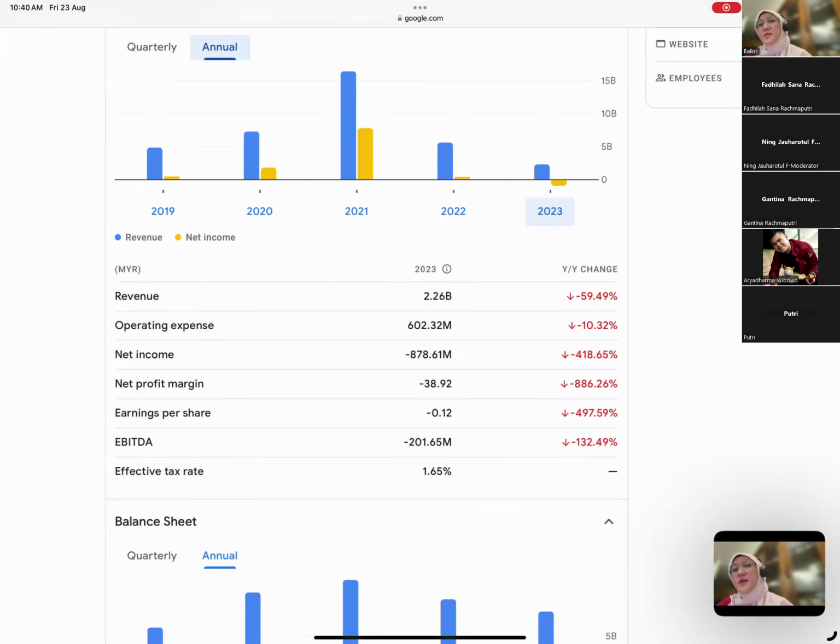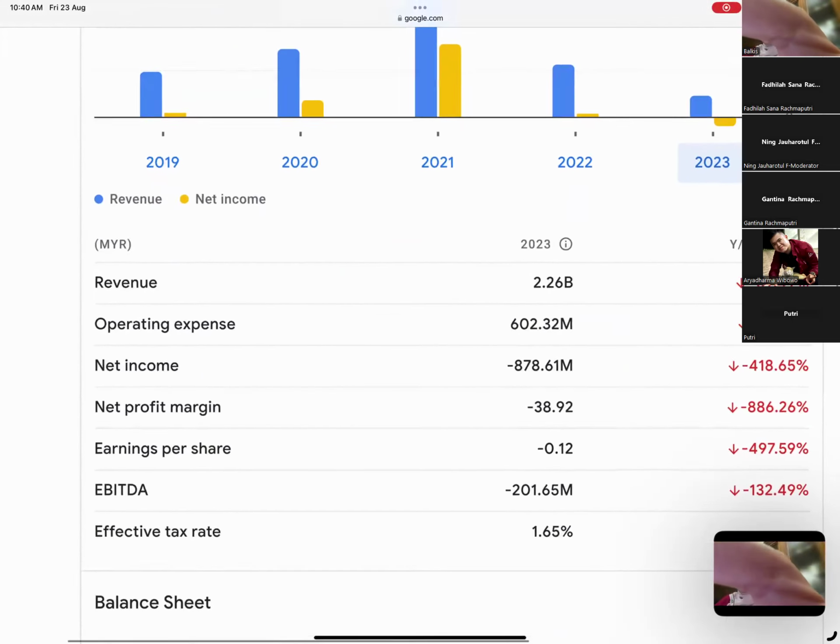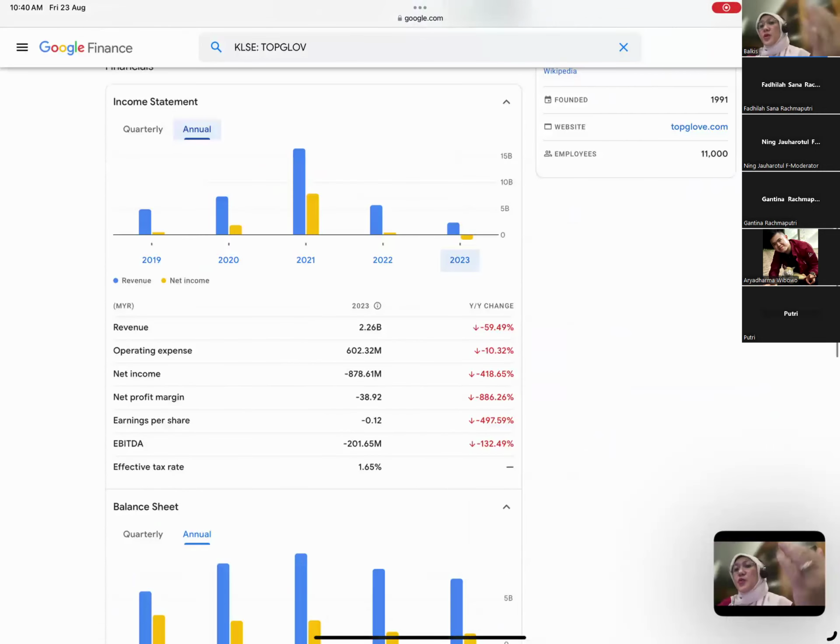Minus interest, minus tax, then we get the net income or net profit. So in finance, when we analyze the performance of the company, the proxy we use is net income, also known as net profit or net earnings.